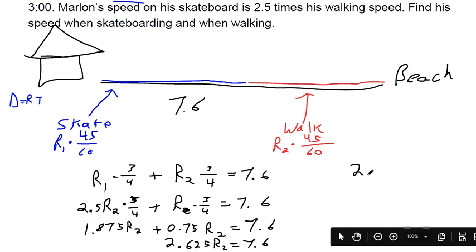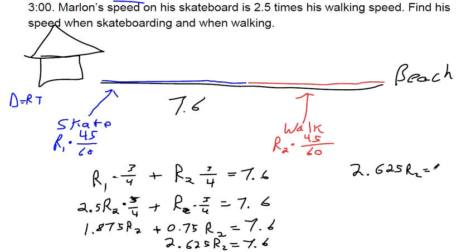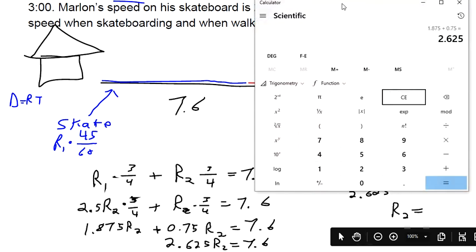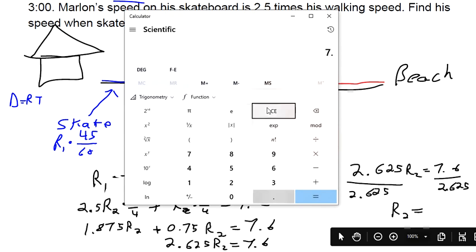So we got 2.625 R sub 2 equals 7.6. In order to get R sub 2 by itself, divide both sides by 2.625. So R sub 2 is going to be 7.6 divided by 2.625.